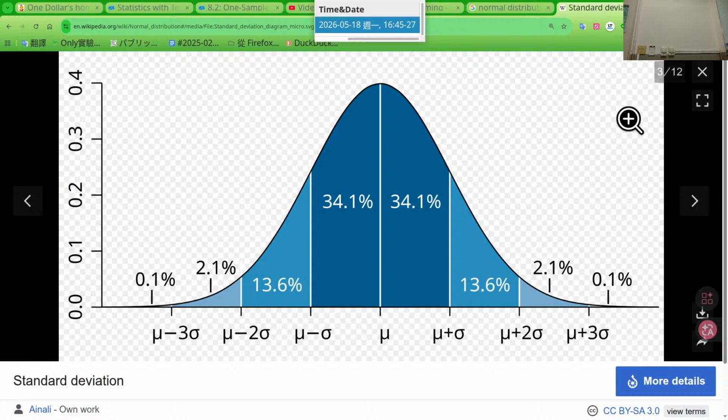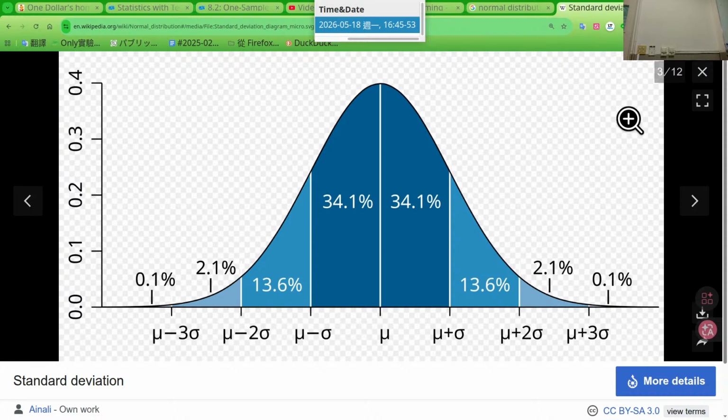When we go plus 1 and minus 1 standard deviation, the values between them will cover 68.2% of the total population. Get it?